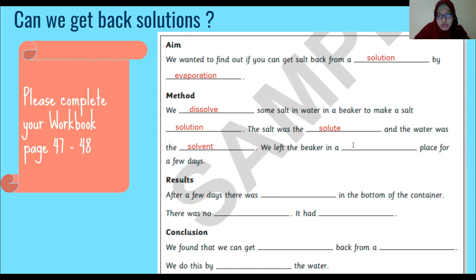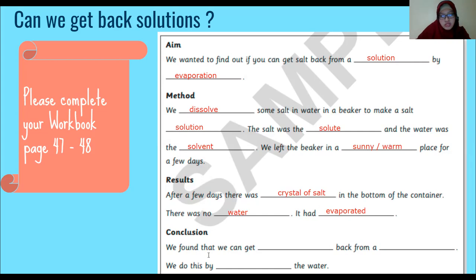We left the beaker in a sunny or warm place for a few days, and then after a few days there was crystal salt in the bottom of the container. There was no water, it had evaporated.